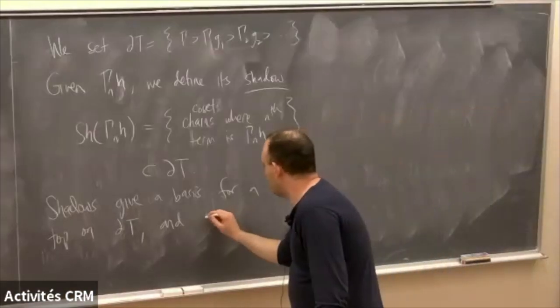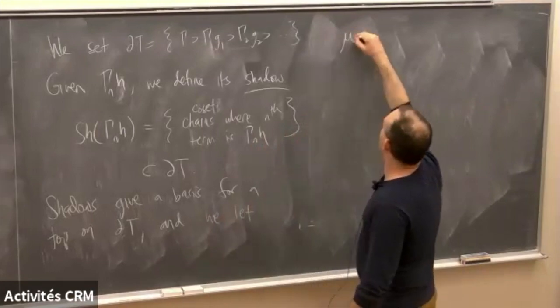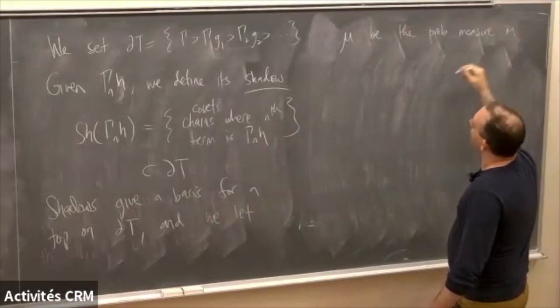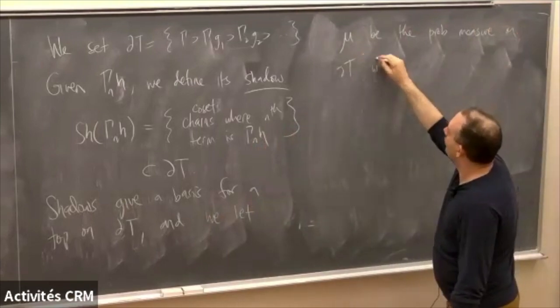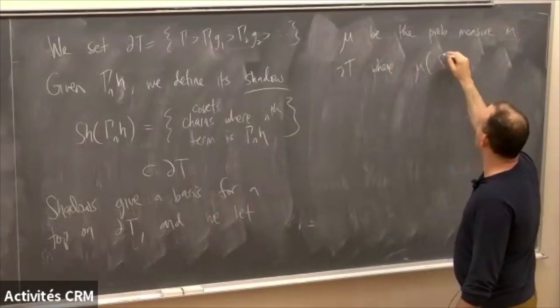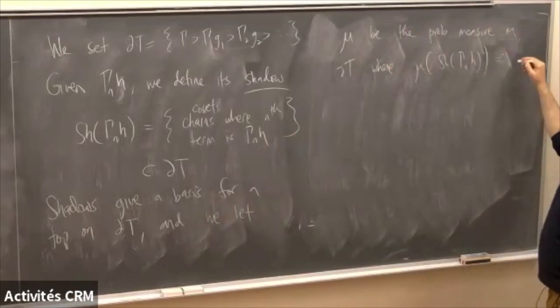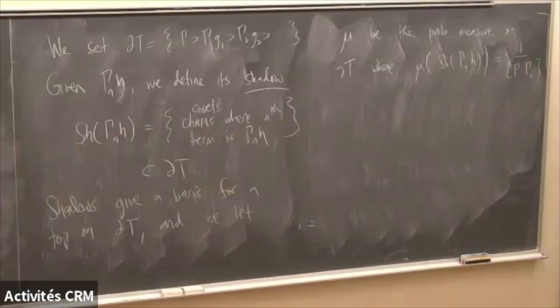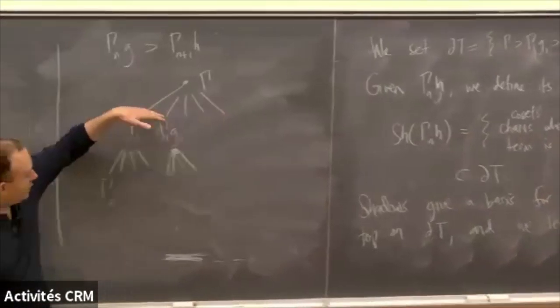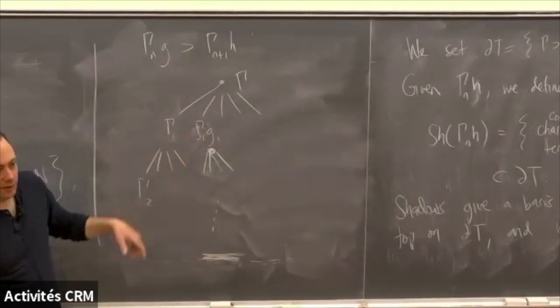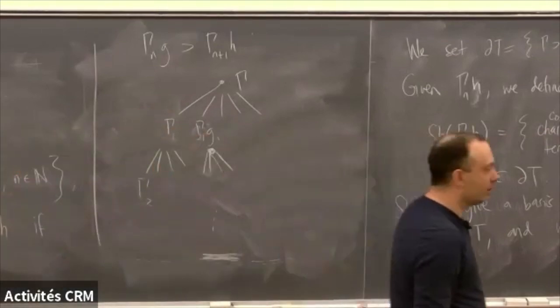And so we let mu be the probability measure on the boundary, where mu of the shadow of some coset is 1 over the index. All right, this is very visual. If I look at gamma 1, then all its cosets have shadows, and they partition the boundary into a number of pieces equal to the index, and I'm just giving each one of those equal weight.